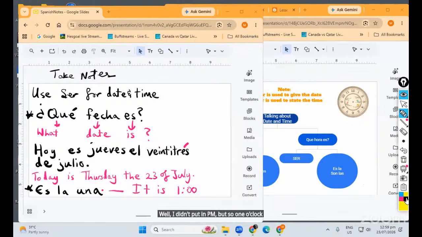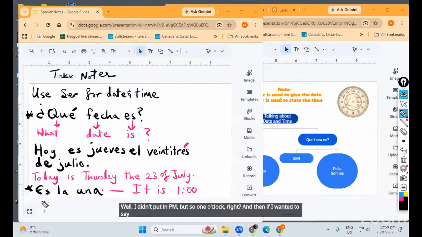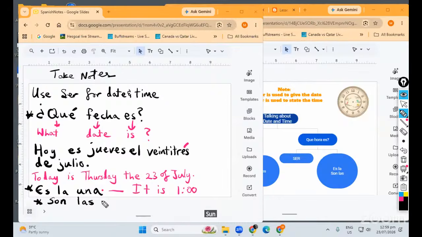And if I wanted to say a different time, because one is one, so it takes es la. But if it's more than one, son las, say I go at 9 o'clock, nueve. And we translate that as it is 9.